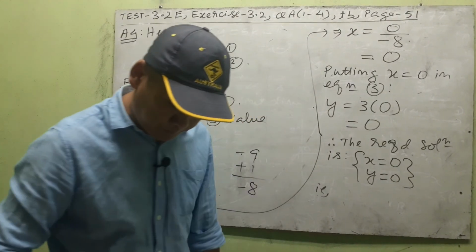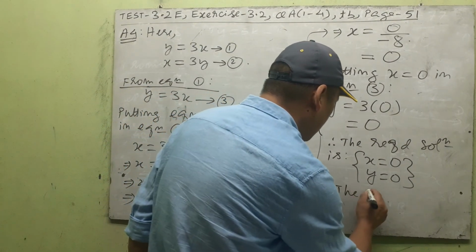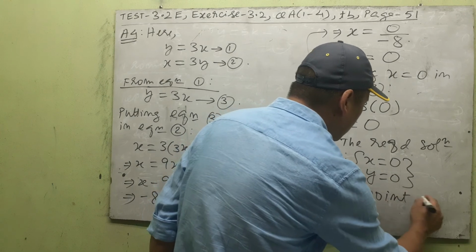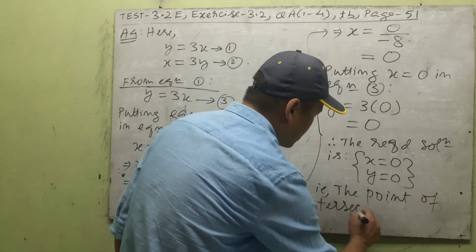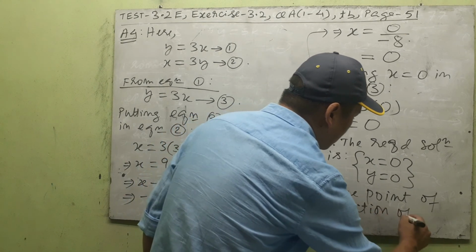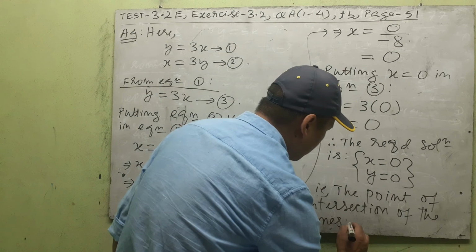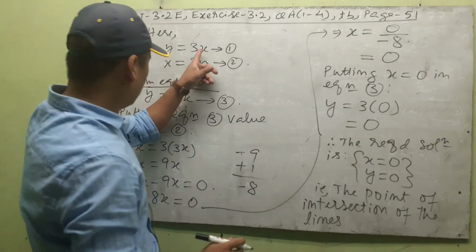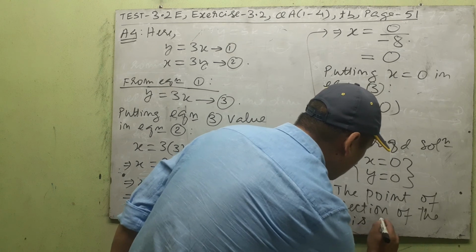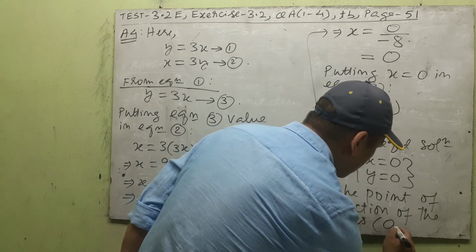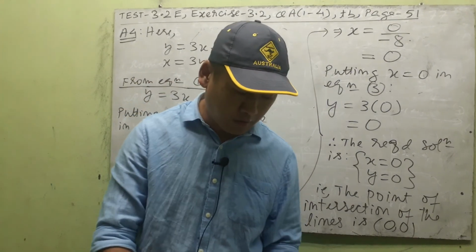So therefore, the point of intersection of the lines, meaning the graph of equation number 1 and the graph of equation 2, is at the point 0, 0. So that is how we can solve it.